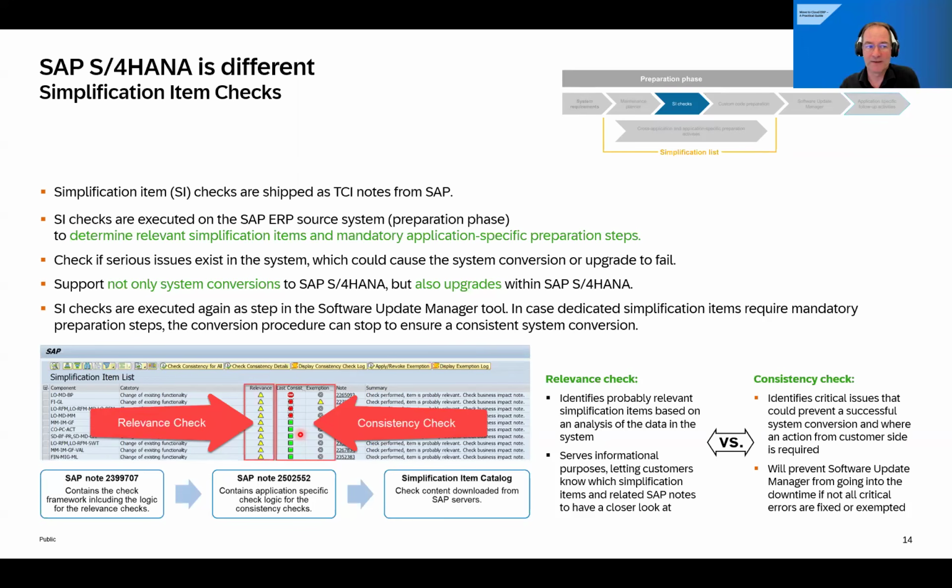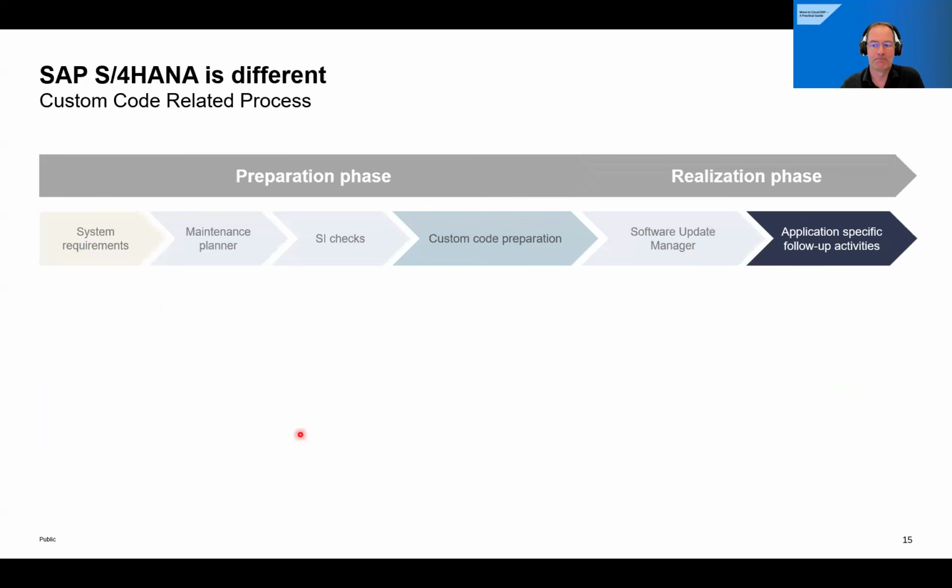So that is important. That belongs to the long list of the simplification items, but the check will shrink down this list to those items that are relevant for your particular source system. That's important. The simplification item list is a long list, but only part of those is relevant for your source system. You use this check, and then you know exactly what to do in your system there.